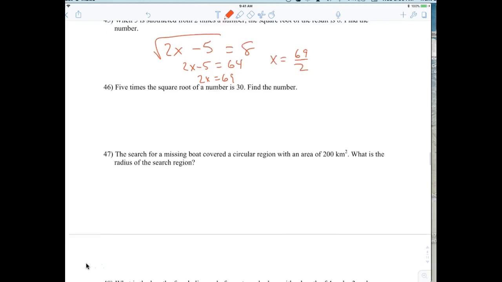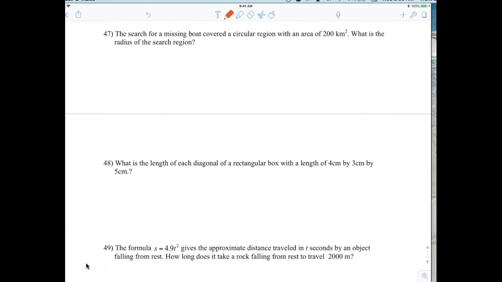All right, 47. The search for a missing boat covered a circular region with an area of 200 square kilometers. What's the radius? Well, that's just telling you what? Area equals pi r squared. 200 equals pi r squared. So r squared is equal to 200 over pi.